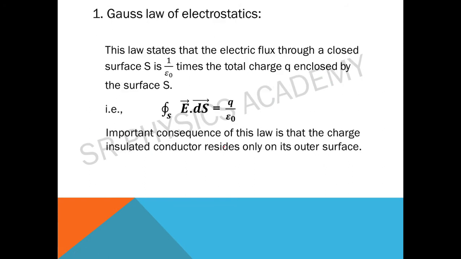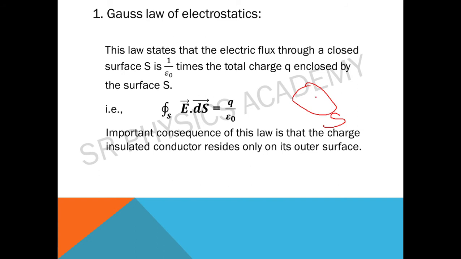Gauss law of electrostatics. This law states that the electric flux through a closed surface S is always 1 by epsilon naught times the total charge Q enclosed by the surface, that is, integral of E dot ds is equal to Q by epsilon naught.